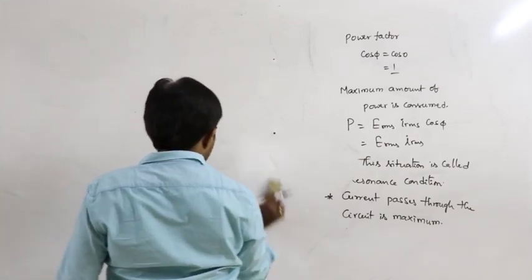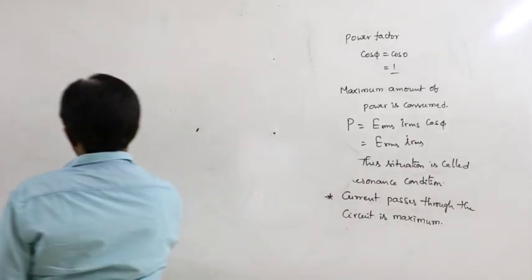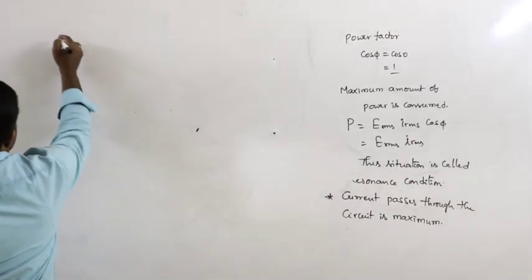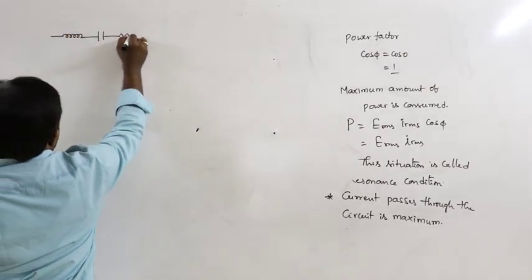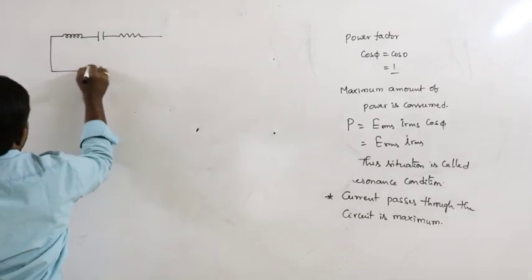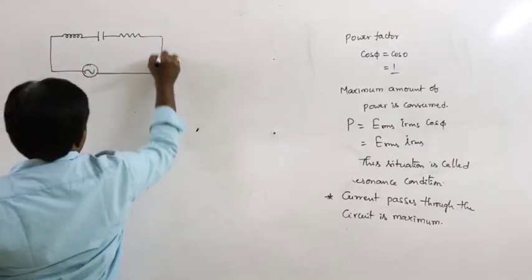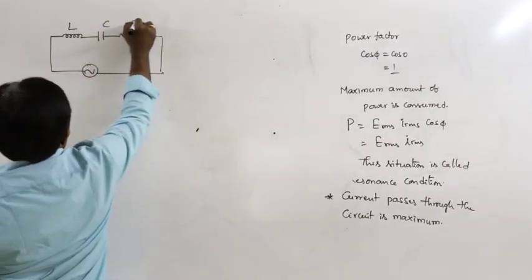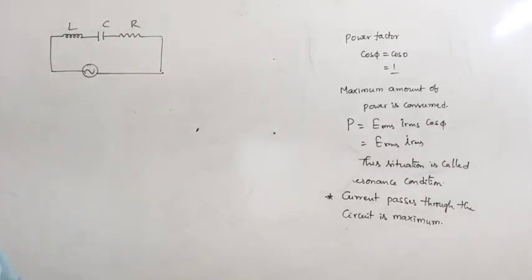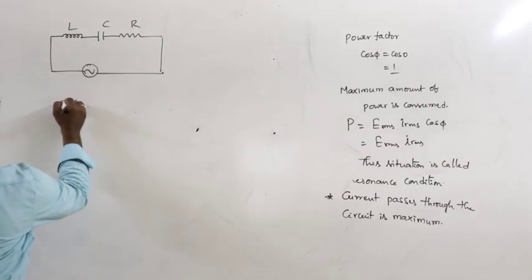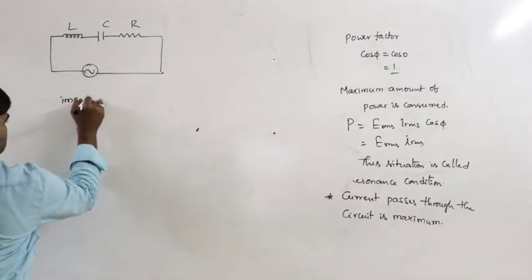So how can you calculate the impedance of the circuit? In case of an LCR circuit, this is L, this is C and this is R, with an alternating signal.